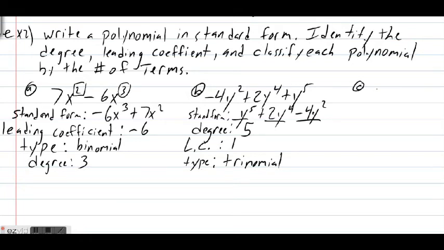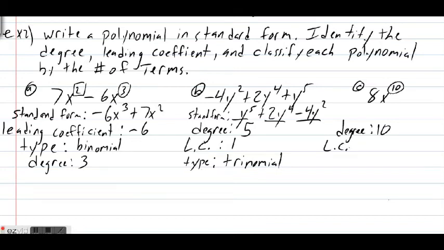Alright, and then last one for this, 8x to the 10th. Standard form. Is there anything I can do with that to change it into standard form? No, it's already in standard form. What about the degree? We just look at the exponent. The degree is 10.